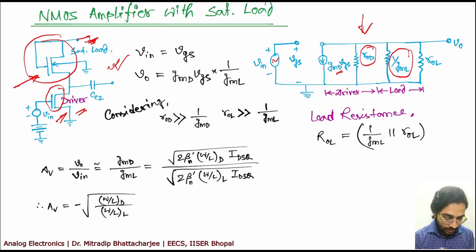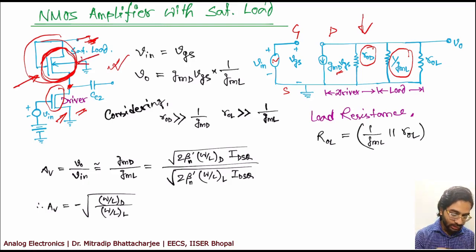So this particular NMOS load will be reflected between ground and the drain of this. So this is the drain, this is source, this is gate. So between drain and ground, you have this load NMOS, which has a transconductance 1 by GML, and it also has an output resistance, which is ROL.